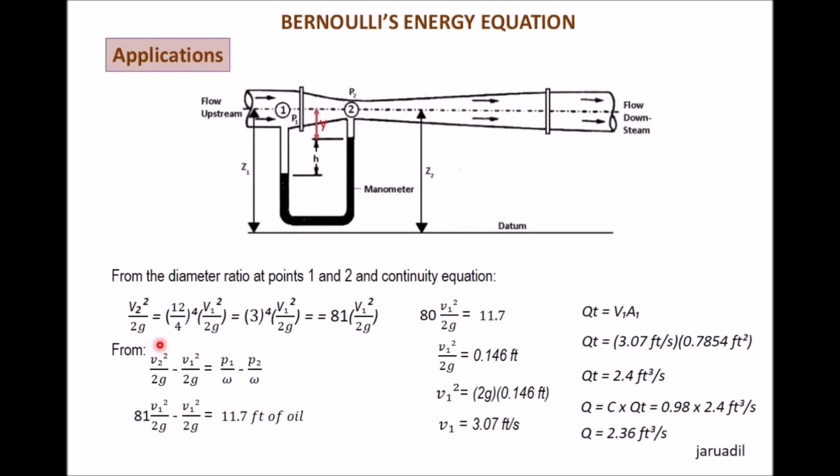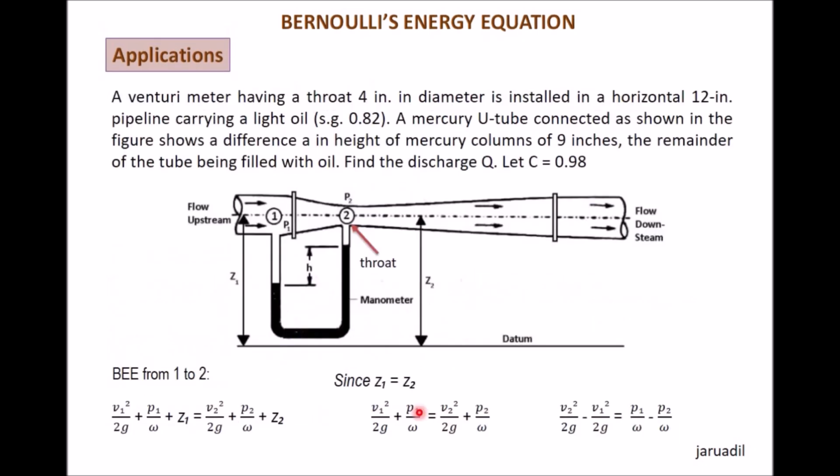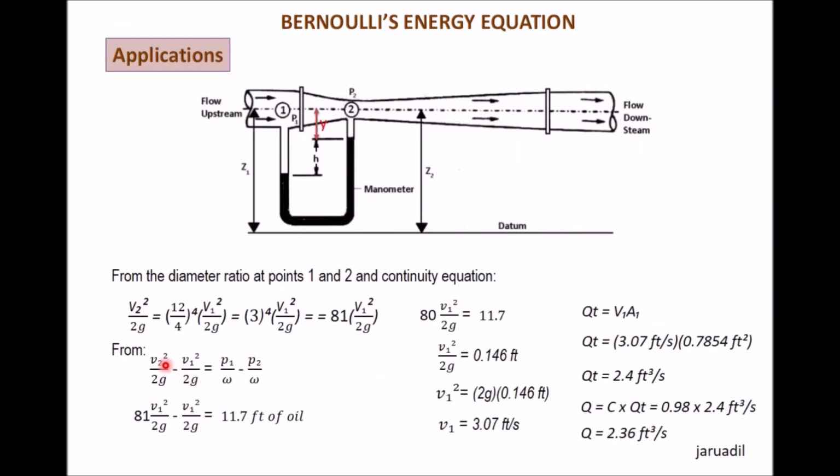Now, from, again, this derived equation, dito, the difference in velocity head is equal to the difference in the pressure head. So, v2 squared over 2g, ito siya, 81 v1 squared over 2g. So, itong value kasi ng v2 squared over 2g na compute natin is equal to the 81 times the velocity head at point 1.